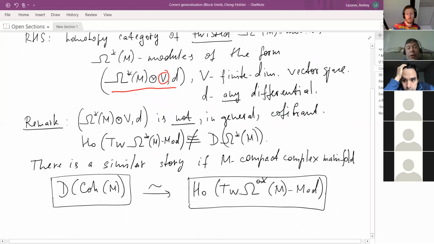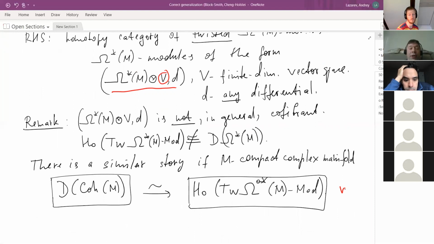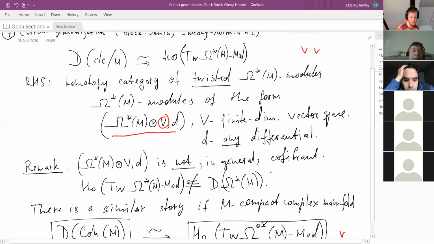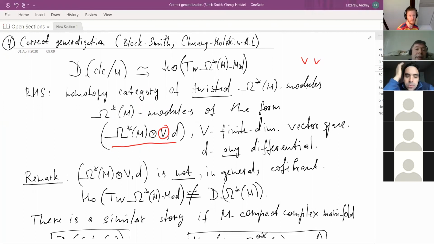There's a similar story if M is a compact complex manifold. Here, we're now at this line. The left-hand side is the derived category of coherent analytic sheaves on a compact complex analytic manifold M. So that's somewhat analogous to this.